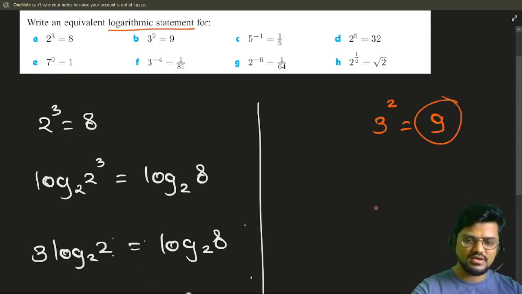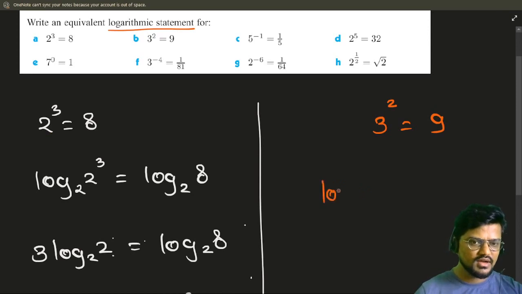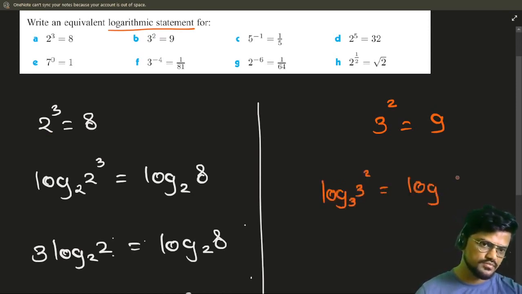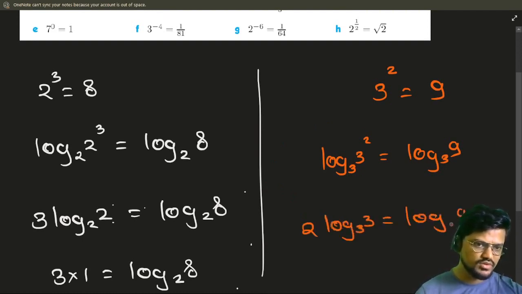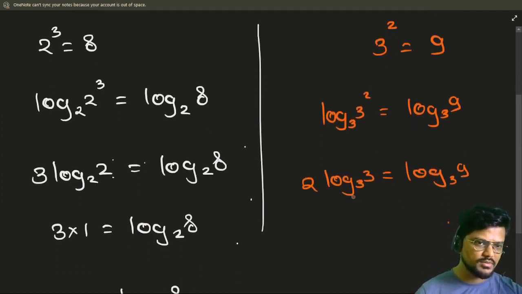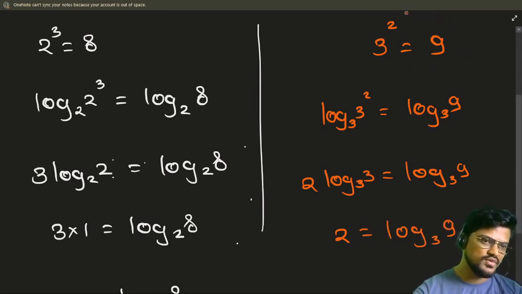See over here, I'll solve it. What I will do, I'll take log base 3 on both sides. Now this power can be taken backside. 2 log 3 to the base 3 equals log 9 to the base 3. Now log 3 to the base 3 is 1. We know it. We have to express in the logarithmic form for this.